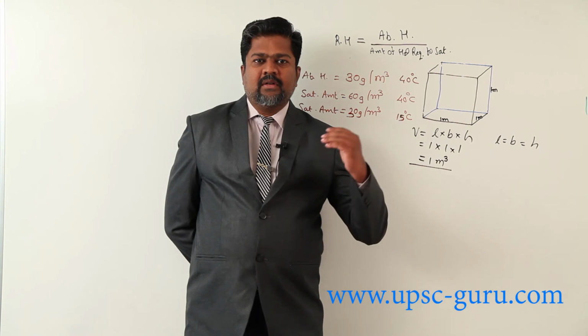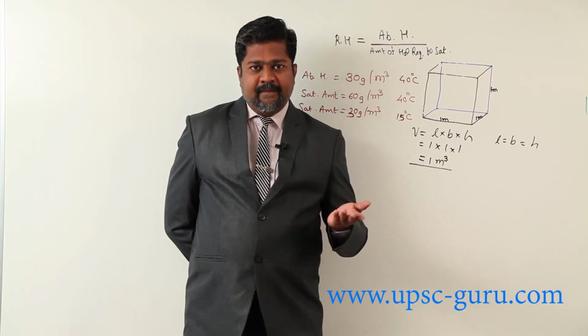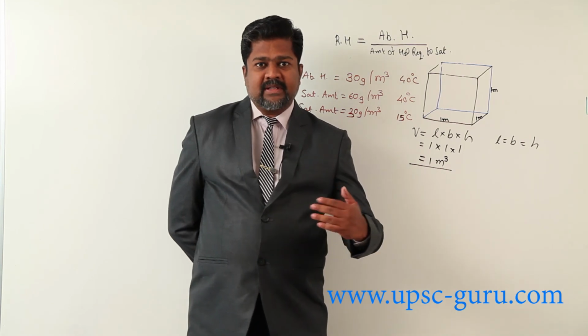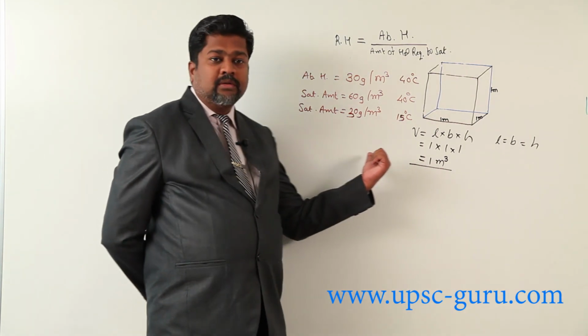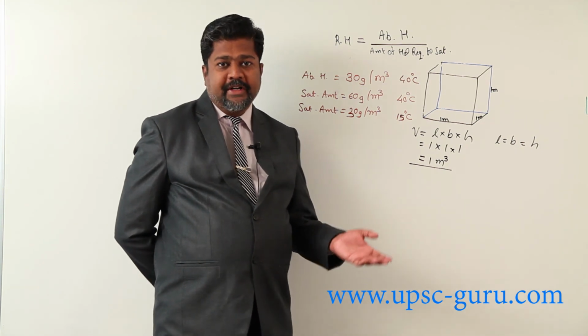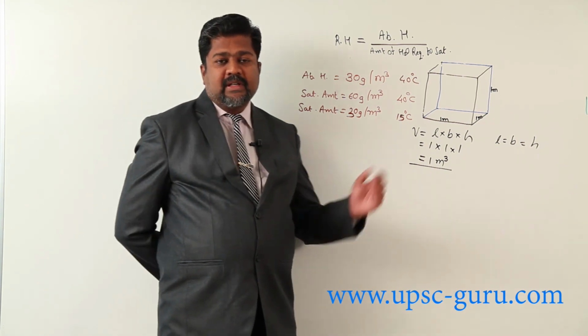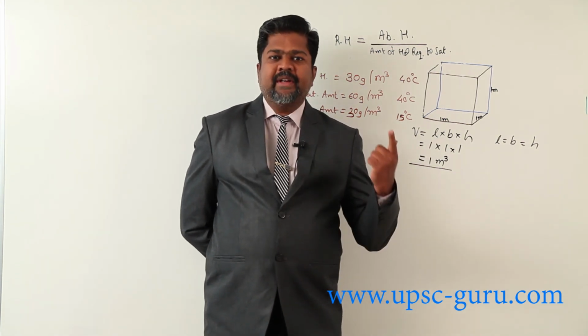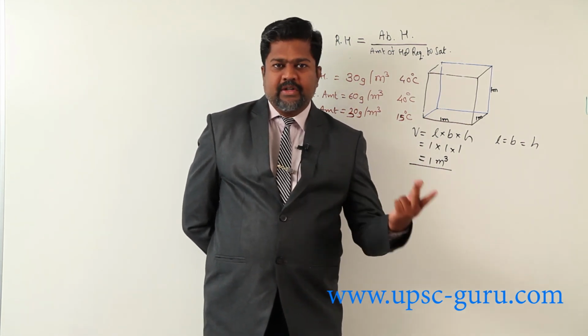Observe this lecture at least 2 times again till the concepts are clear. You can take your own examples and try to find out what is absolute humidity and what is relative humidity. This is the part where we explained what absolute humidity, relative humidity and dew point are.